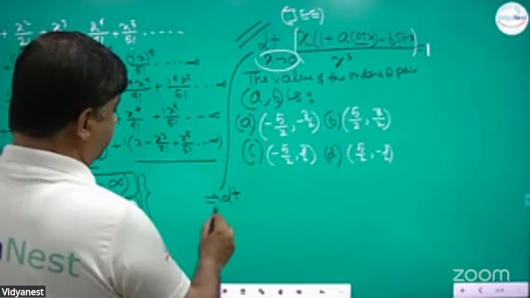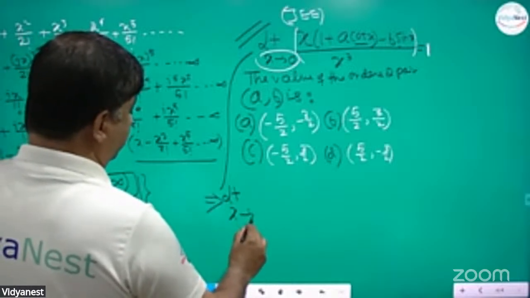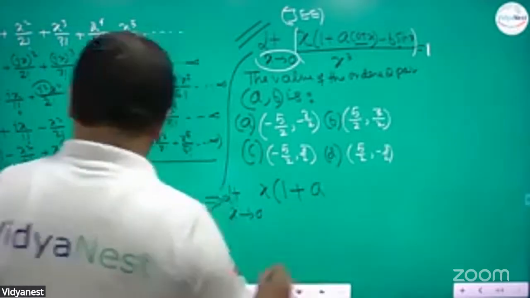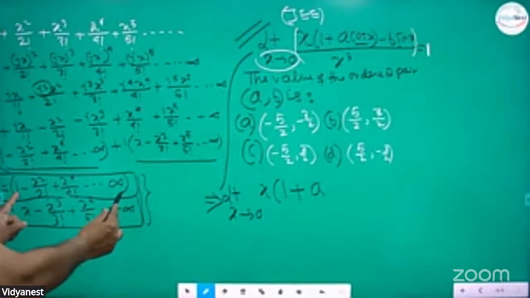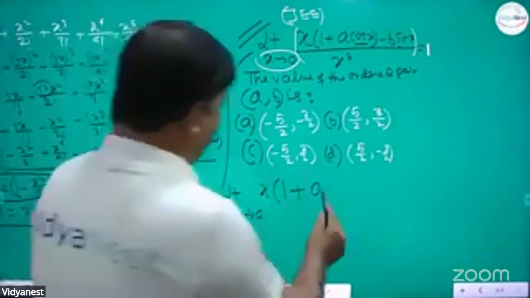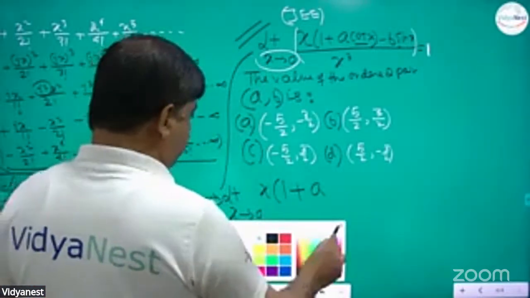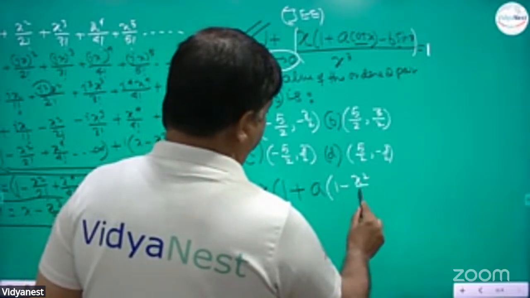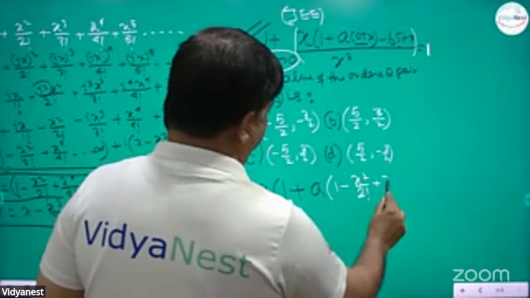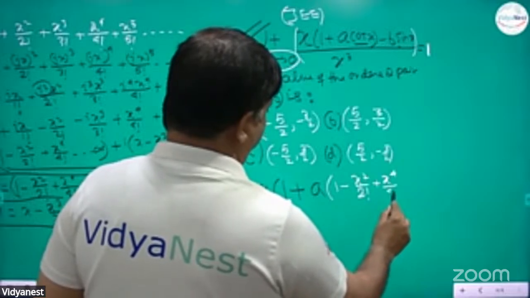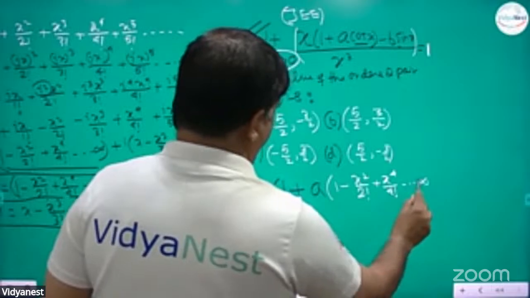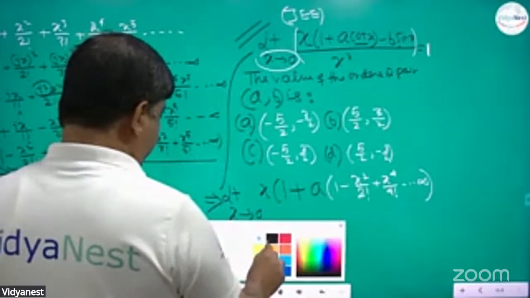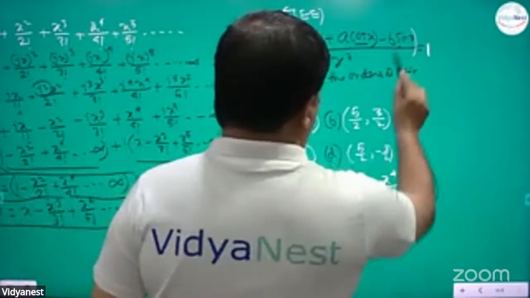Limit x tends to 0 of x(1 plus a, and this expansion of cos x you plug and put here. In place of cos x I have put the expansion, and in place of sin x also.